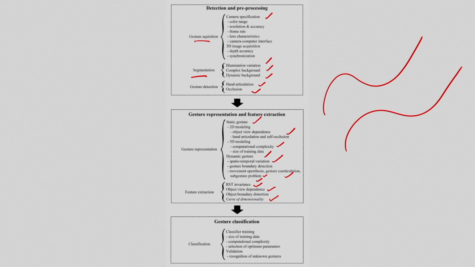Which classifier is good, we also have to consider. The size of the training data is important, the computational complexity is very important, selection of optimum parameters for validation is also very important, and so is the recognition of unknown gestures. These are the main challenges of gesture recognition.